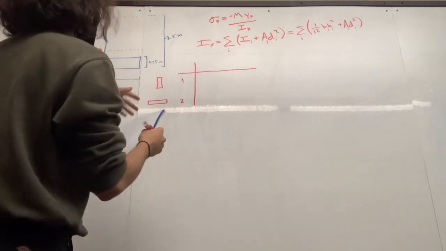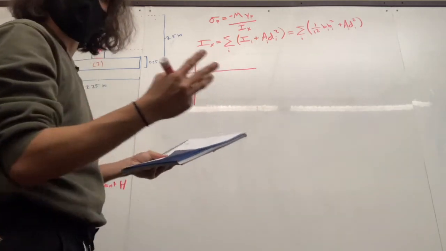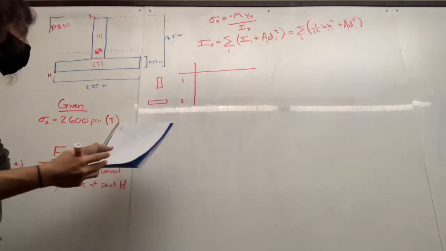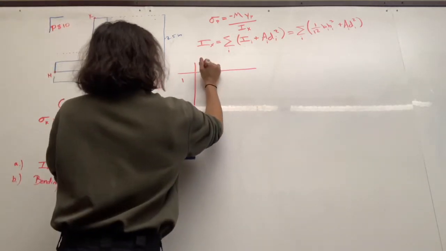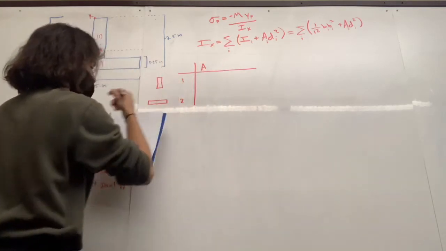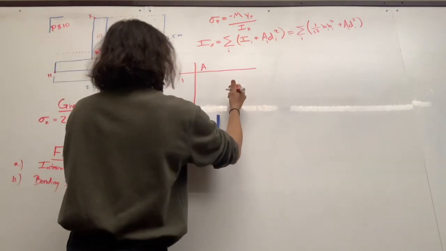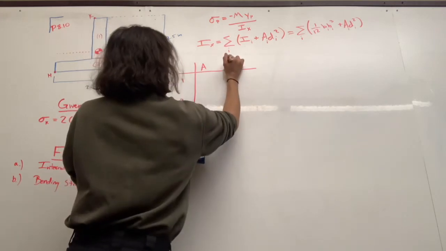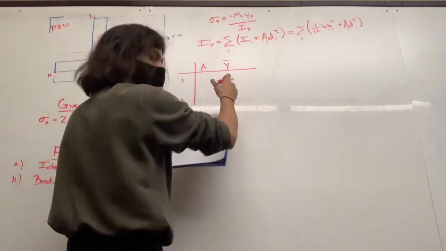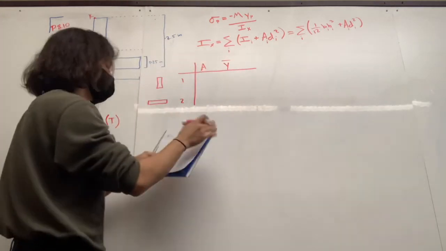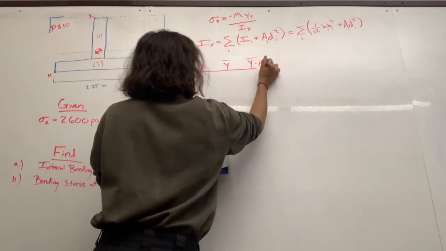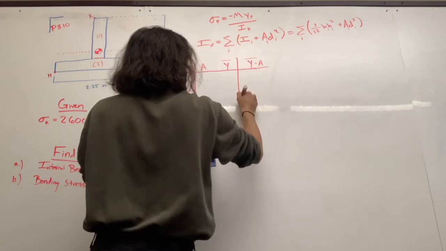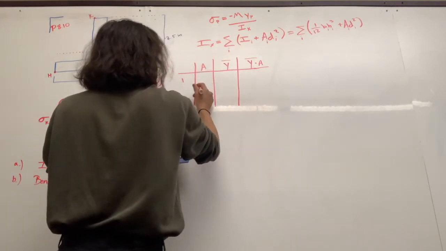Starting with this, we pretty much need 3 terms in this table so we can move on to the next equation. That's going to be your area of the rectangle, the y bar, which would be the centroid on the y-axis, and then you'd need y bar times A. So you just need to calculate these.